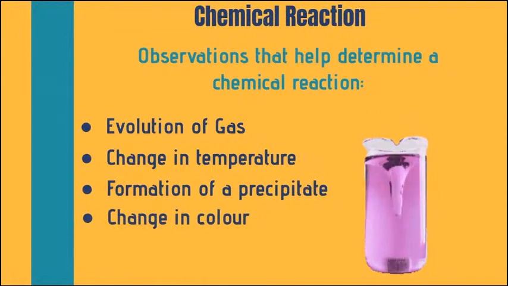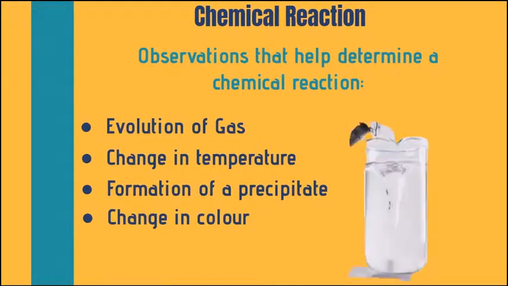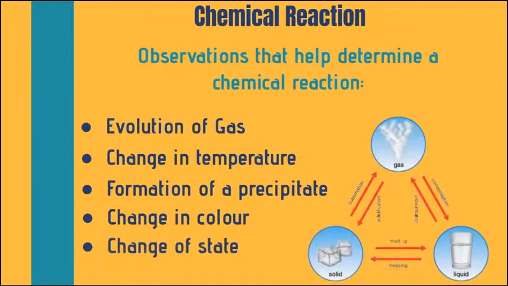If there is any change of color, then also it might be a chemical reaction. And if there is a change of state, as we have seen before, that is, from solid to liquid or liquid to gas or vice versa, then also we can say that there is some chemical reaction in the substances.